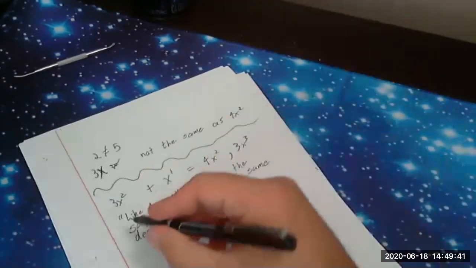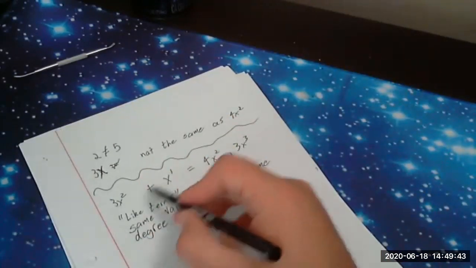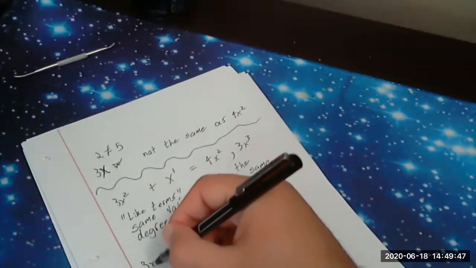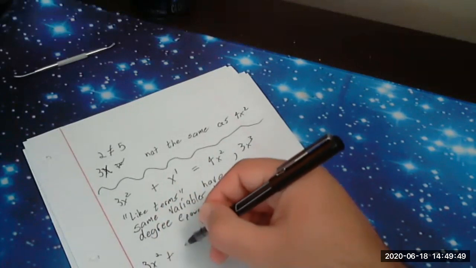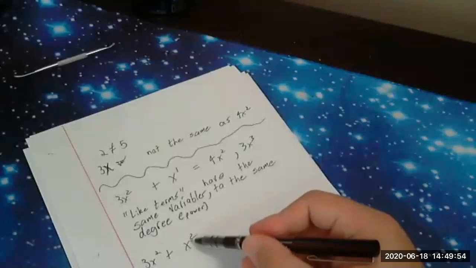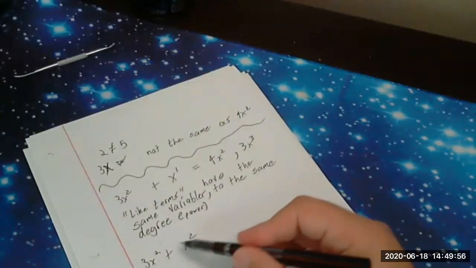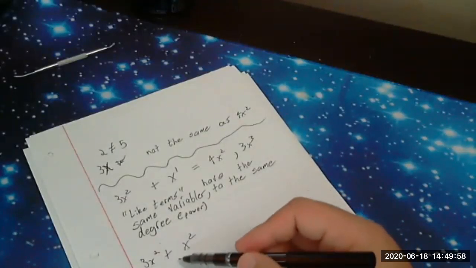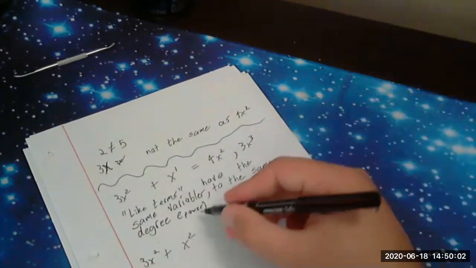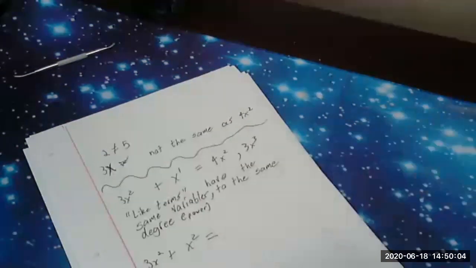So these things don't combine. You would have to have, if it was 3x squared plus x squared, this has the same variables, they both have x's, and both of those are x to the 2. So there, you can combine those.